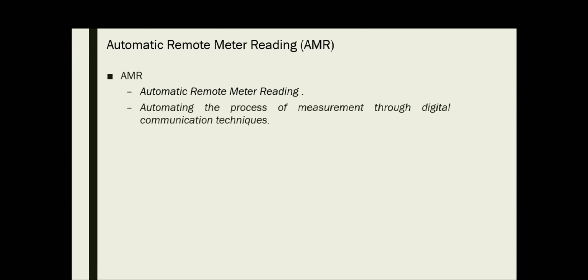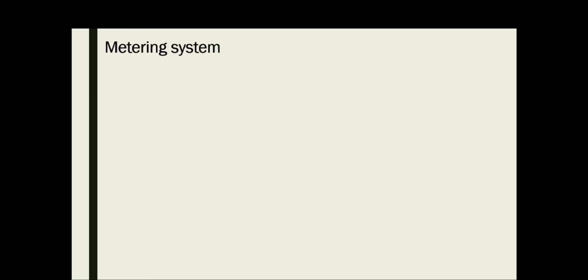And let's move on to automatic remote meter reading, or automatic meter reading, which sometimes comes under the automatic meter infrastructure, AMI. Automatic meter reading is automating the process of measurement through digital communication techniques.